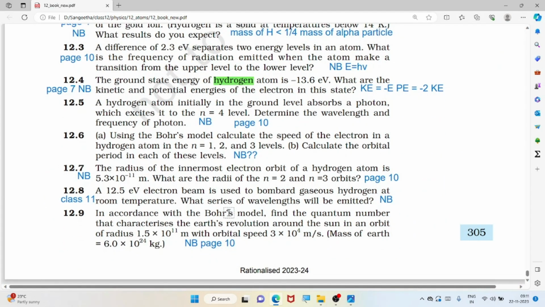In accordance with the Bohr model, the quantum number that characterizes the Earth's revolution around the Sun in an orbit of given radius, with the speed given. Okay, so we have to find the quantum number.